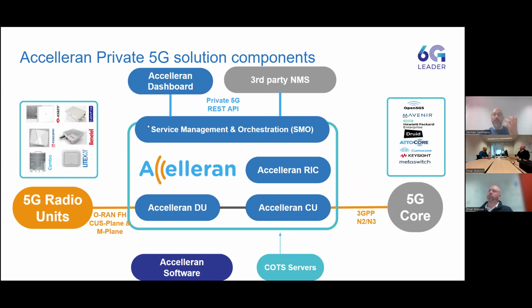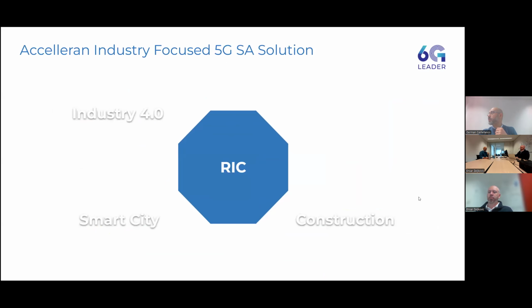We are going to have the dRAX, which is composed of the SMO, the Accelleran RIC, and the Accelleran CU and DU, and we're going to present this either as Accelleran software or on COTS servers, this software solution. So here we have the different radios that can be integrated to our system and different 5G cores that can be implemented in our system.